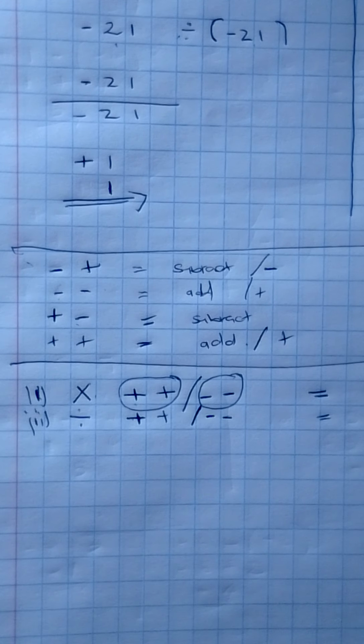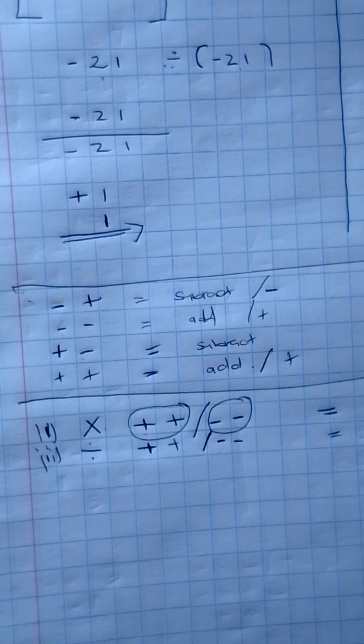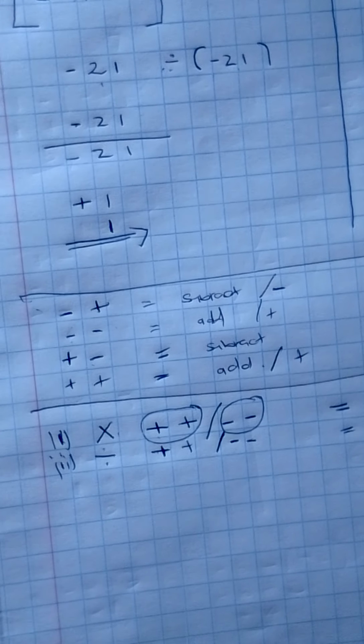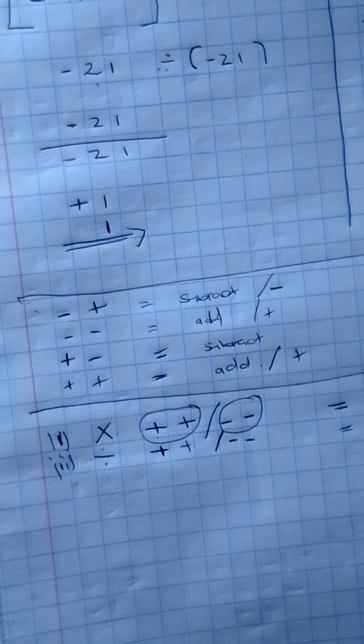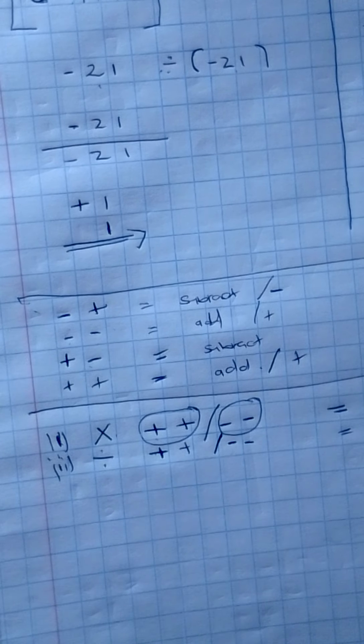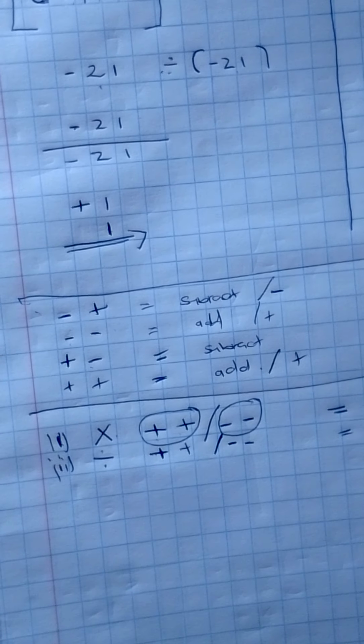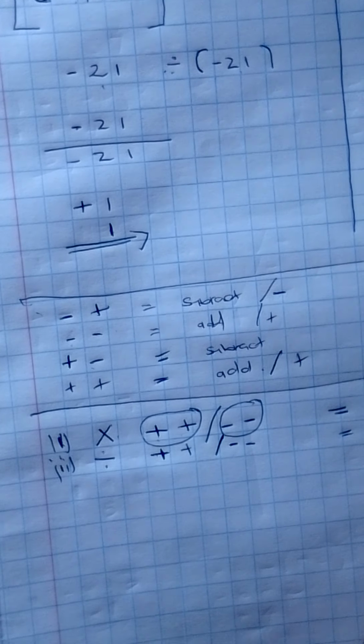Okay. On our today's lesson, we are going to carry on with that topic which says negative numbers. But what we are going to look at today, we are going to look at negative numbers on multiplication and division, right? Whenever you multiply two numbers, the other one has got addition sign and the other one has got addition sign, your answer is supposed to have a positive number.